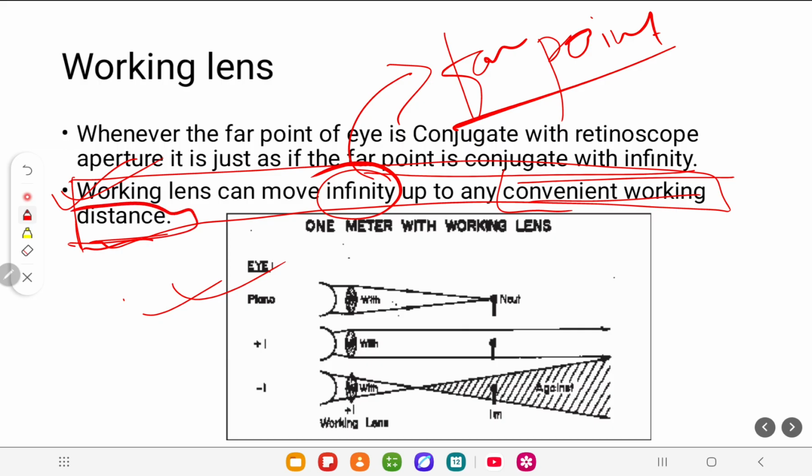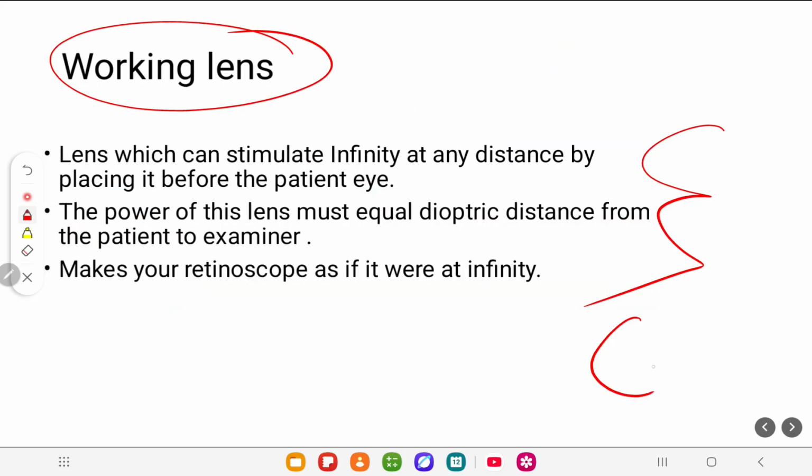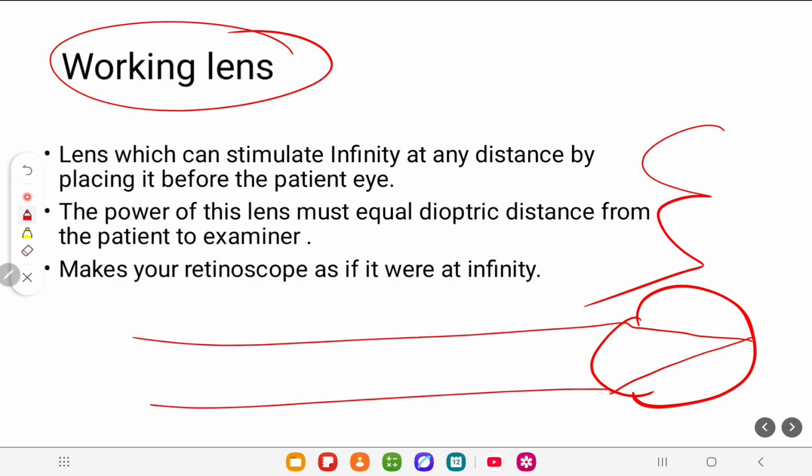Let's take an example. If this is an eye and you throw light and it strikes the retina and comes out, let's say it's a completely normal emmetropic eye, and you take your retinoscope at a distance of 50 centimeters from the eye. What is the precondition for neutralization?